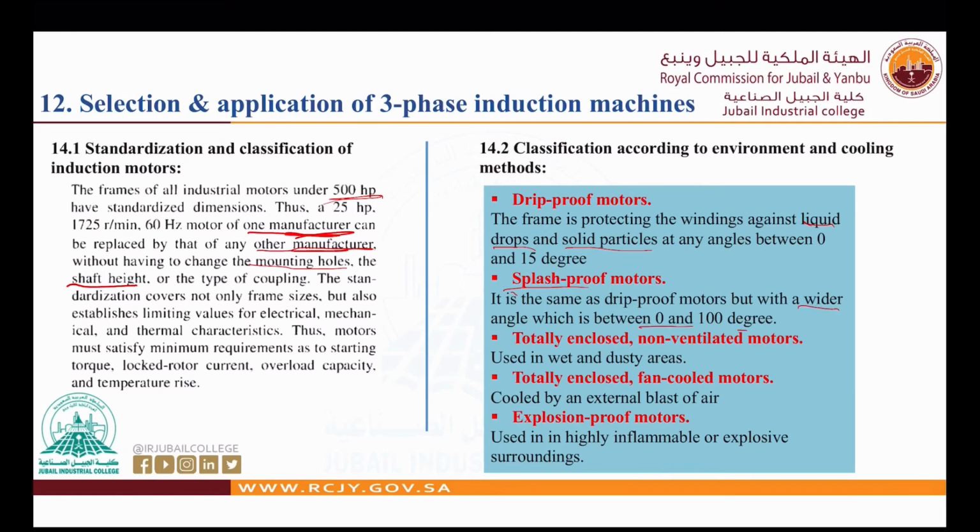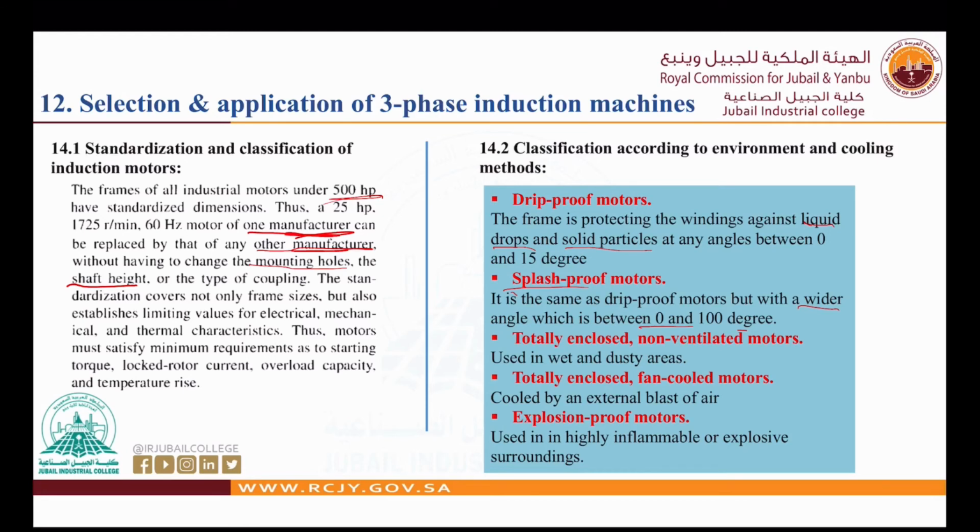Totally enclosed, non-ventilated motors. Totally enclosed means that the motor is enclosed with no ventilation. That means it is used for wet and dusty areas to protect the motor. Number four, totally enclosed fan-cooled motors, cooled by an external blast of air.